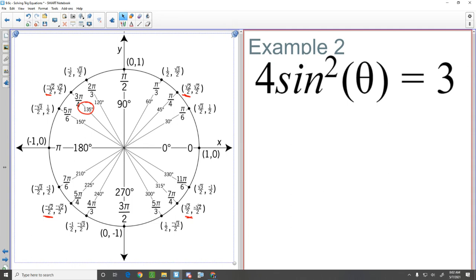Solve that for sine. Just get that sine by itself.